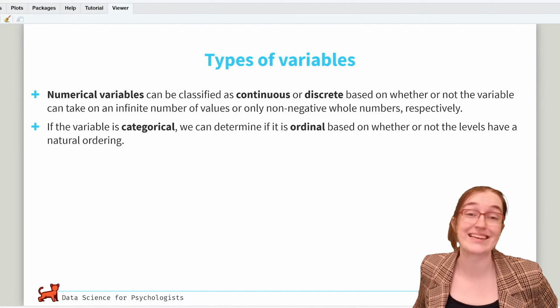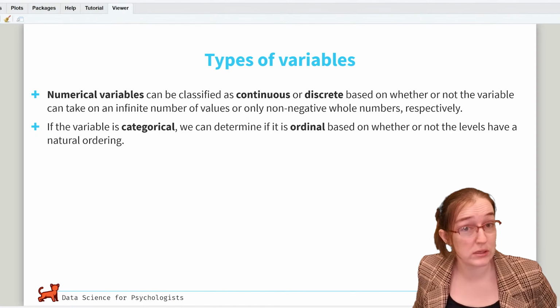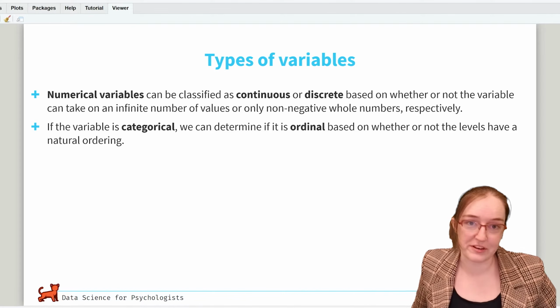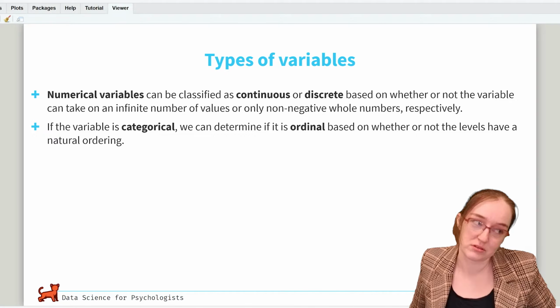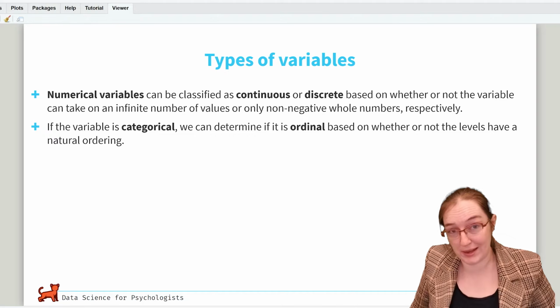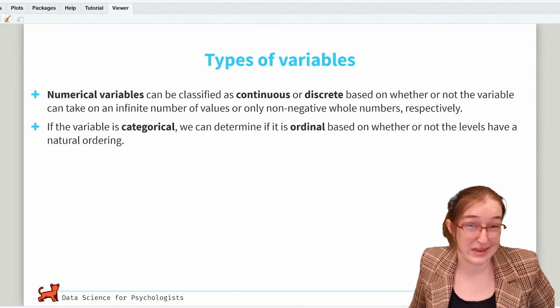If a variable is categorical, on the other hand, we can look at whether it's ordinal or merely a grouping variable. An ordinal variable maintains rank order. So freshman, sophomore, junior, senior captures the ranking of years of experience, but you can't do any addition or subtraction.